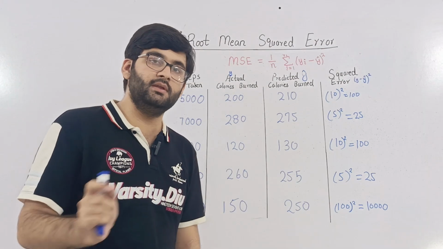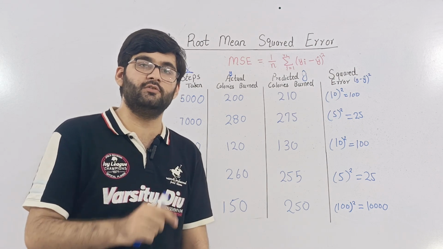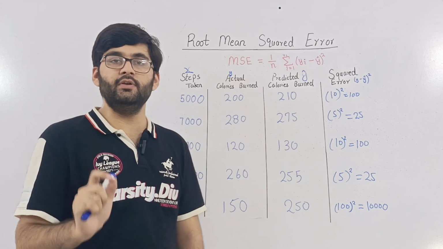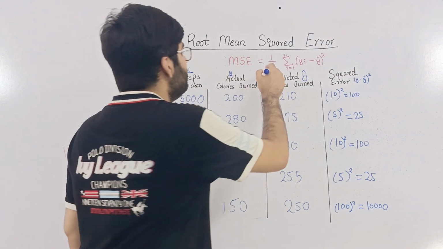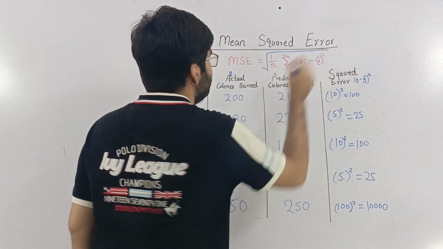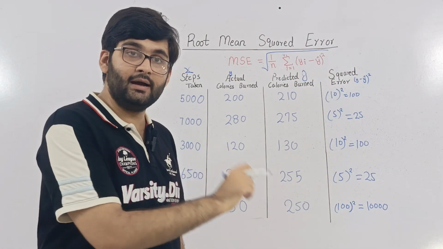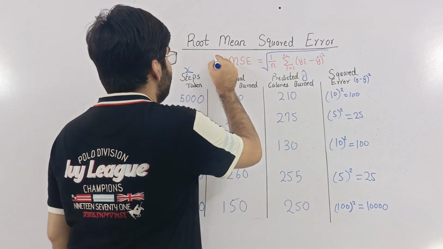The problem with mean squared error is that it becomes too large and it gets difficult to interpret it. So we need to make it smaller. We can take the square root of the mean squared error to make it smaller. And the resulting type of error is called the root mean squared error.